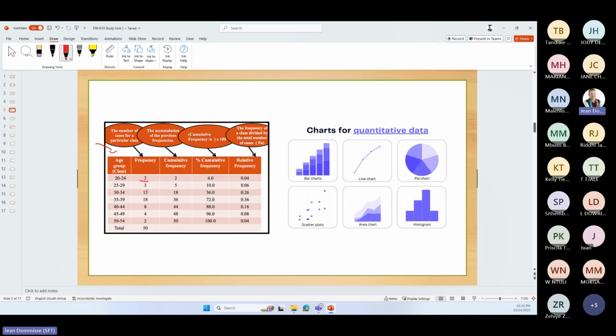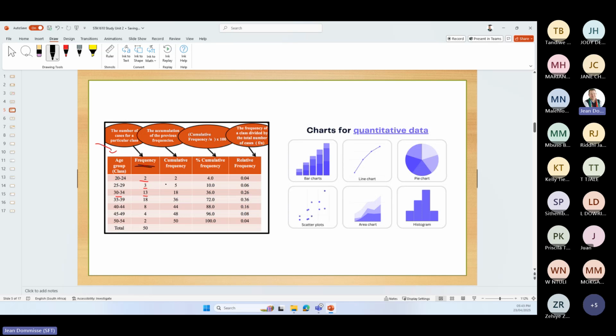There are 3 people that are between 25 and 29, 13 people that are between 30 and 34. So that 2, 3, 13, the number of people that fall into each category, we also call the frequency.